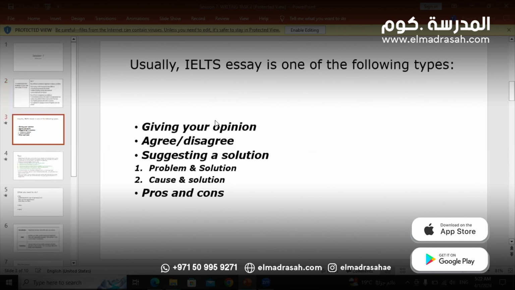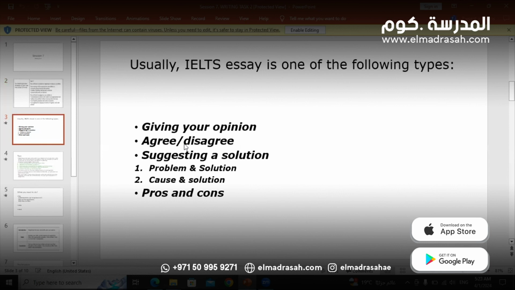This essay can be about writing your own opinion about a specific topic, or you should agree or disagree about this topic. Also, it can be about suggesting a solution for a problem or a phenomenon.